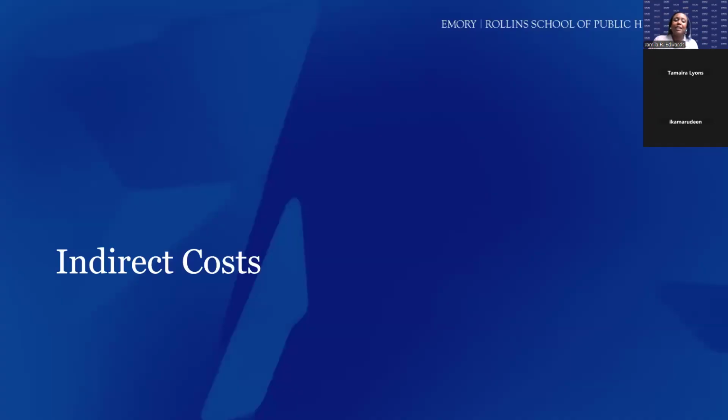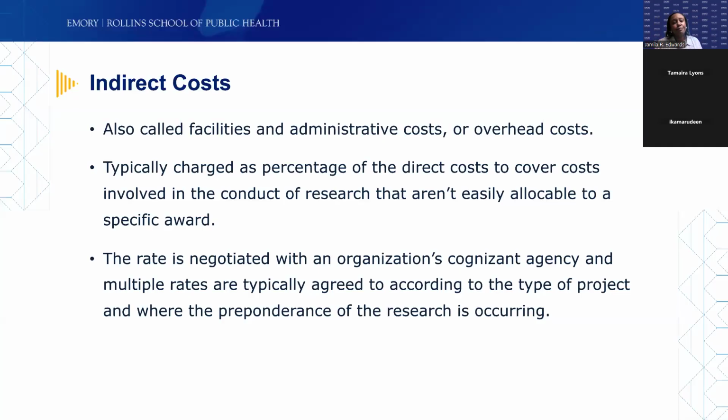So this is the last part of the budget section that I'm gonna go through. Just talking about indirect costs, and we've touched on a lot of this a little bit, but I just cannot overemphasize the importance of indirect costs and making sure that you are collecting as much of your negotiated rate as you possibly can.